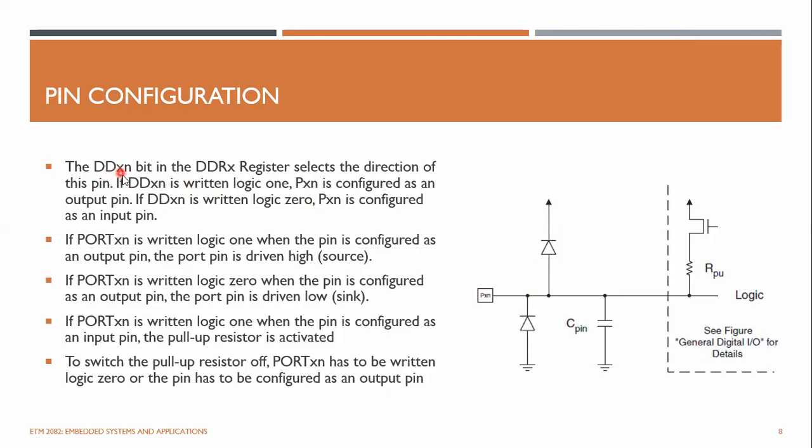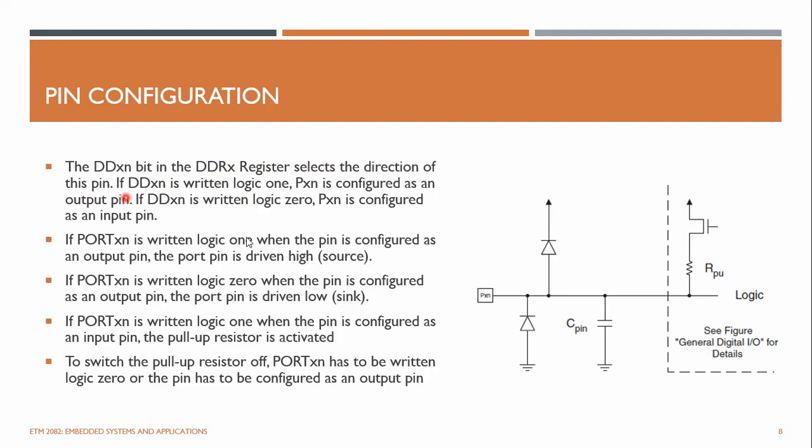DDR-XN means X is for which port, right? N is the bit, which bit, because it has 8 pins. So any pin has a particular bit. So this is the port and this is the bit. So for the DDR-X register, X is for the port, A, B, C, or D.